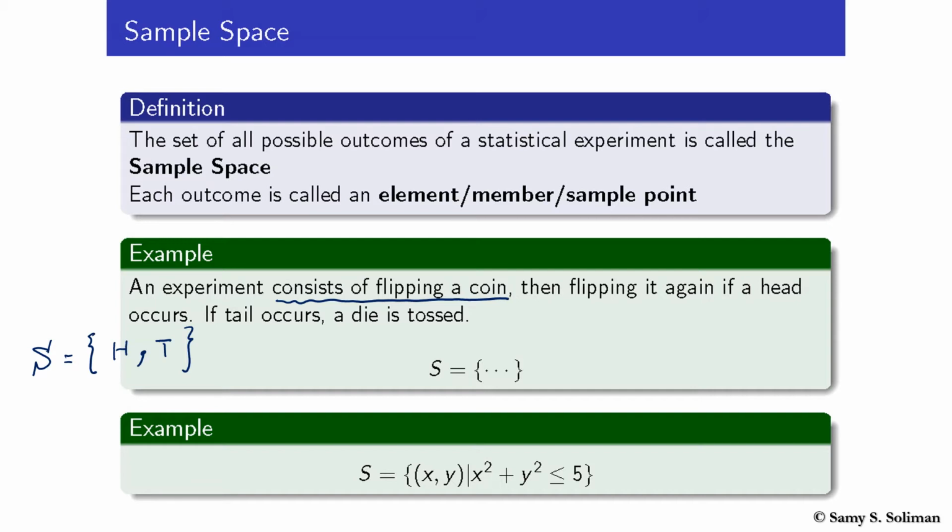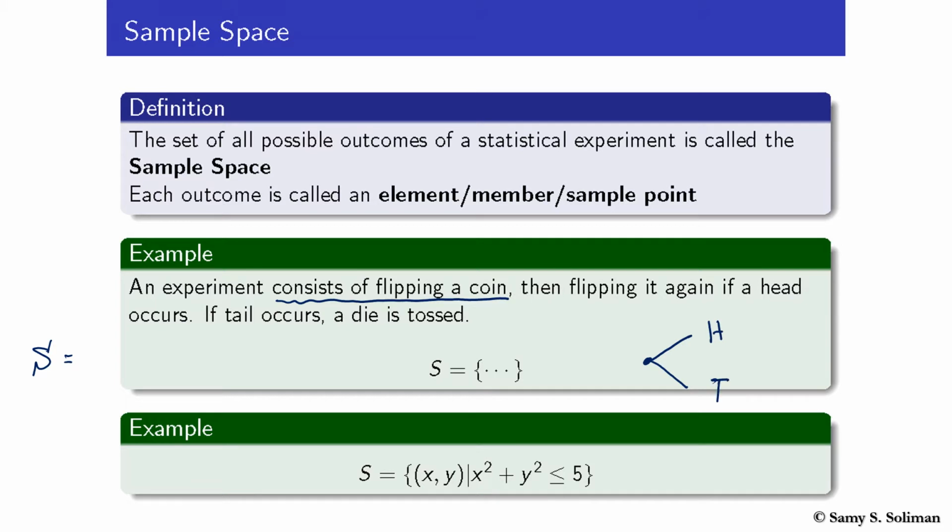However, in this example, the experiment is not just flipping a coin. As we continue reading, the experiment consists of flipping a coin, then flipping it again if a head is the outcome, and if tail is the outcome, a die is tossed. So actually the experiment doesn't stop at flipping a coin. Once we flip a coin, we know that the possible outcomes are head or tail.